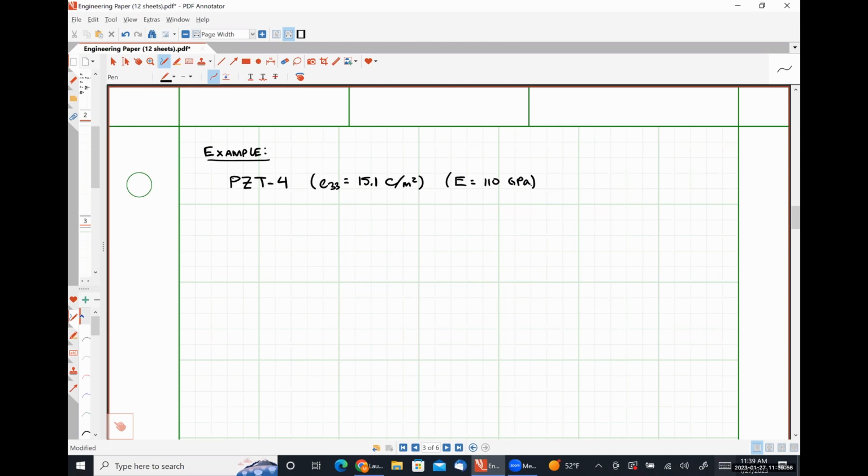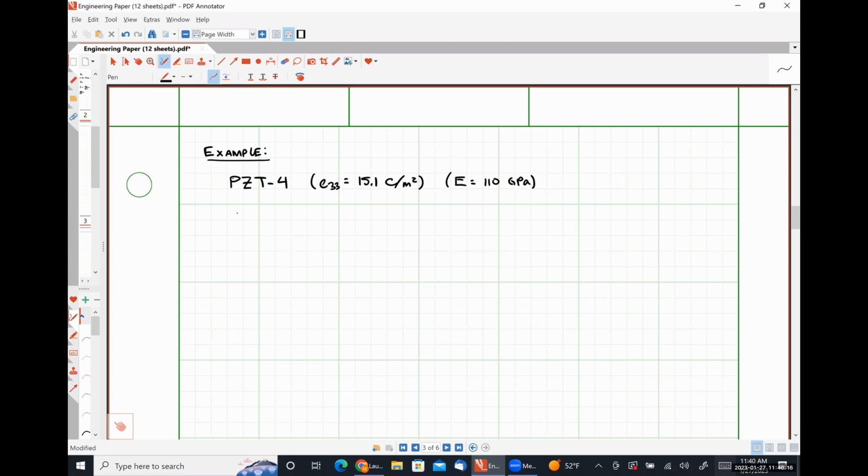So PZT4 is about the best material that you could use for piezoelectric actuation in a MEMS device, because it's got a large piezoelectric coefficient and a relatively small Young's modulus, right?